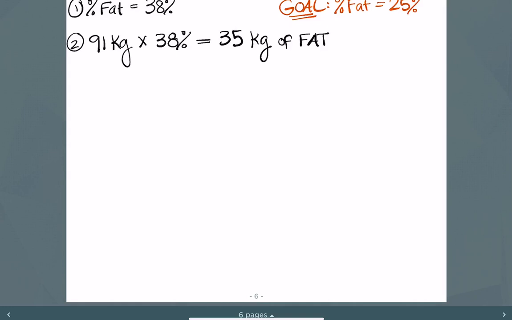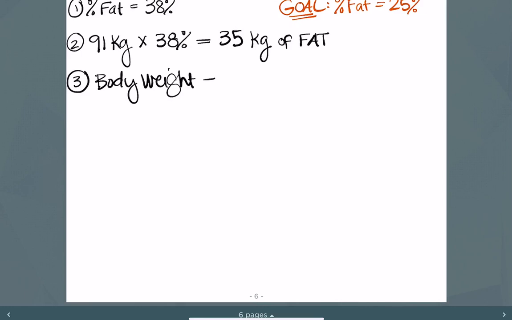So if you want to calculate her lean body mass, we already know how much of her is fat, right? So you could take her original weight. I wonder if I should write this out for you guys. So you take her body weight and you subtract off the amount of that is fat.